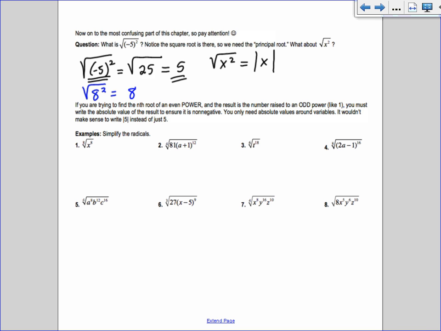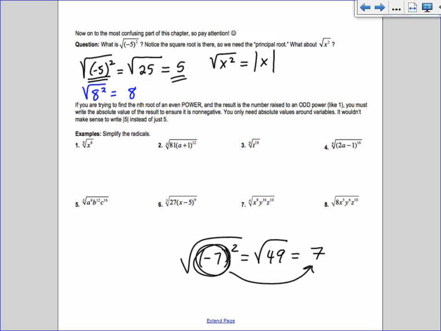It always becomes the positive version of what it was. So if I have negative 7 squared under a square root, it becomes the square root of 49. The square root of 49 is 7. So you take the number that's here, and you just take the absolute value of it. But if it had been a 6, 6 squared is 36 under a square root, so you get 6. That one stayed the same, right? So it's always the absolute value.